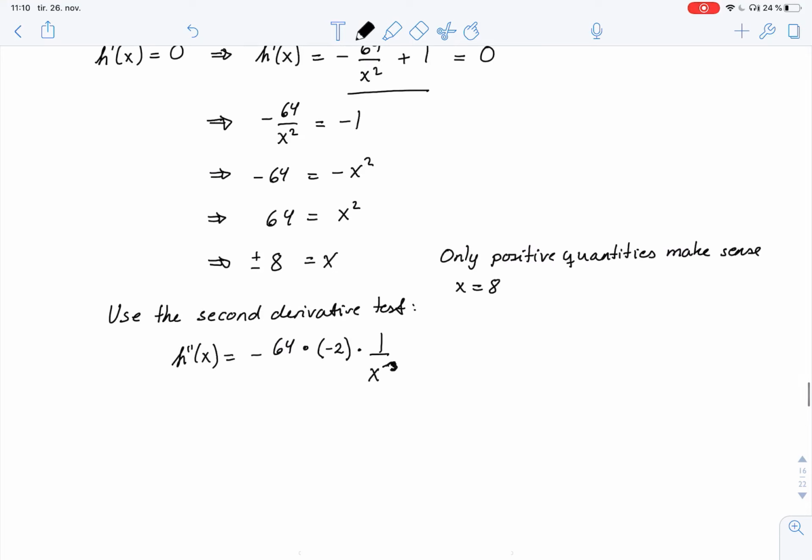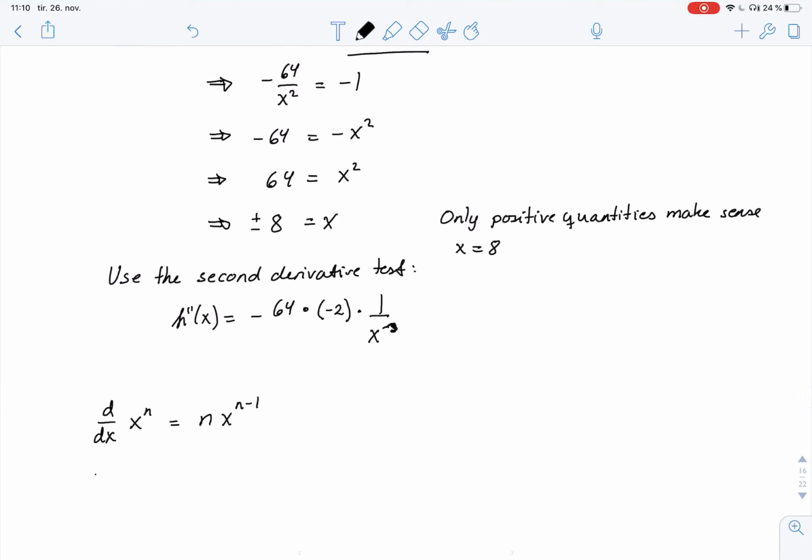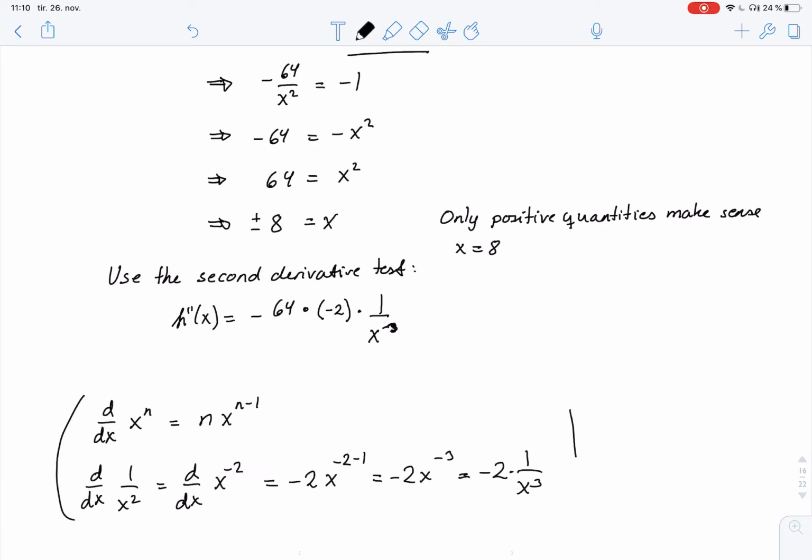If you find the derivative of x to the n, you get n x to the n minus 1. In our case, we have 1 over x squared, which is x to the minus 2. So our n equals minus 2. That would be minus 2 x to the minus 2 minus 1, or x to the minus 3, which is 1 over x to the third. So this was just some explanation for you.